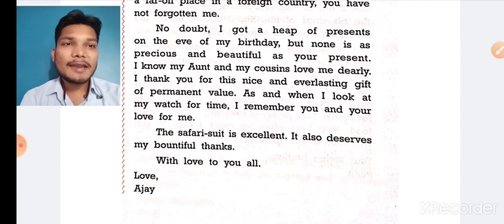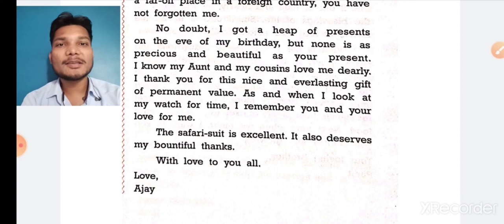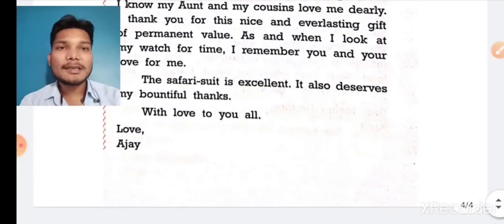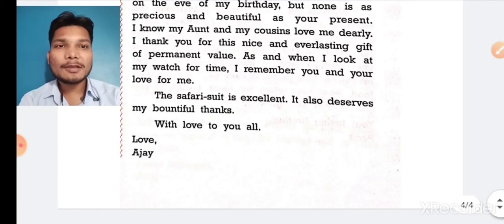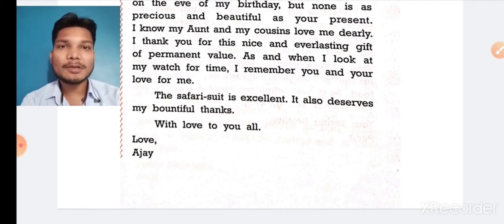As and when I look at my watch for time, I remember you and your love for me. So, this is how you can sum up your answer. The safari suit is excellent. It also deserves my bountiful thanks. With love to all of you, love, and at last, in the conclusion part, you can write your name, Ajay.